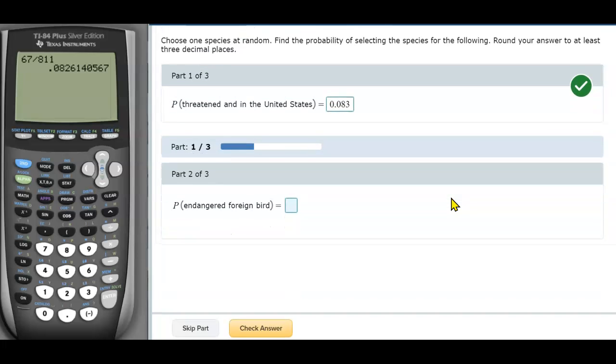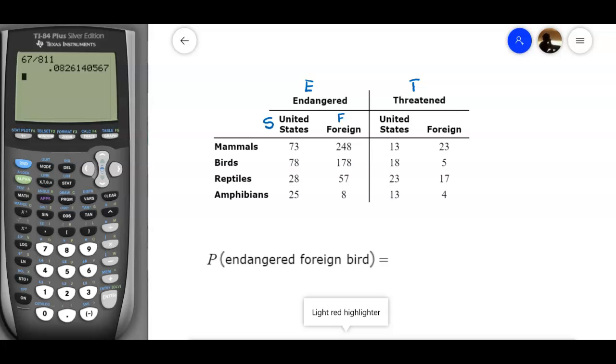Okay, next one. What is the probability of endangered foreign bird? Let me go back to the whiteboard. The endangered is this set, and the foreign is this one, so I am in this set here, and the birds are right here.